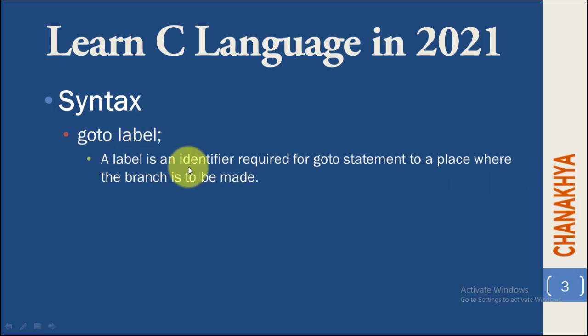Identifier means we give a name to the label as we give a name to a variable, so the same conditions apply. To create a label, we write the label name, then put a colon, and after that we write the body of the label.